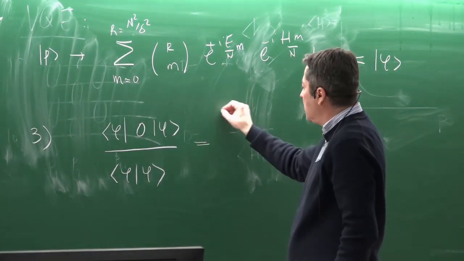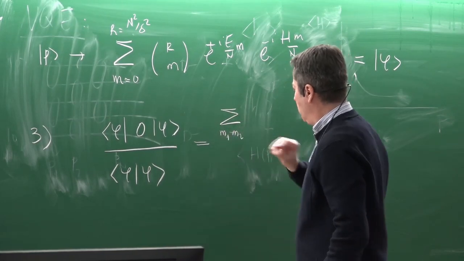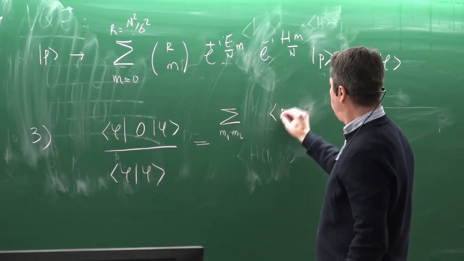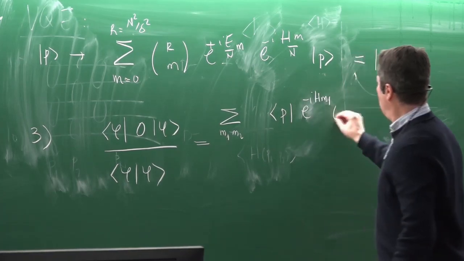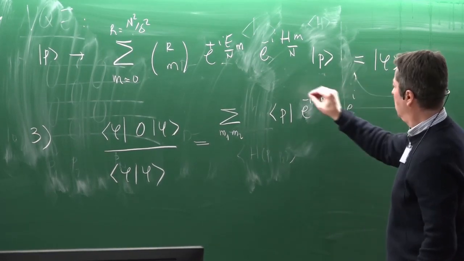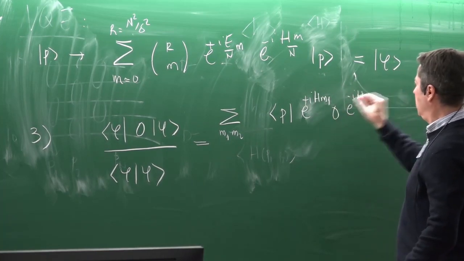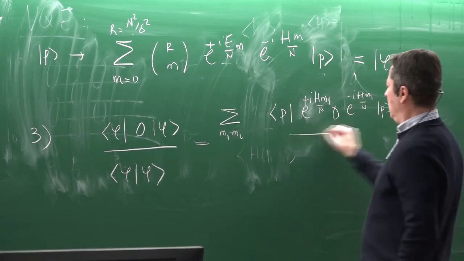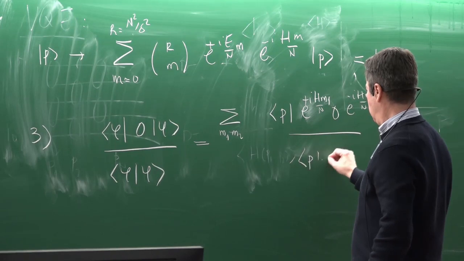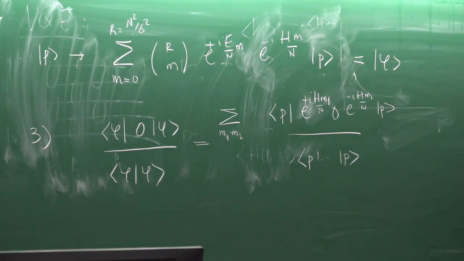And so what you see is that at the end, what you have are sums over M1 and M2, P is e to the minus i h M1, then O e to the i h M2, maybe divided by N times P. And here something similar. Okay, and with that, that's all what I wanted.